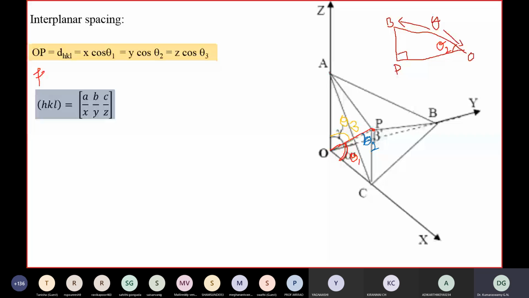From definition, we have HKL is equal to A by X, B by Y, C by Z.